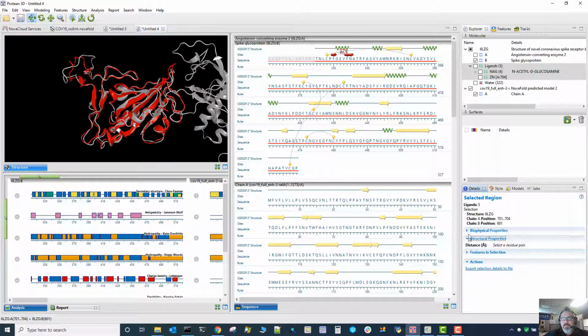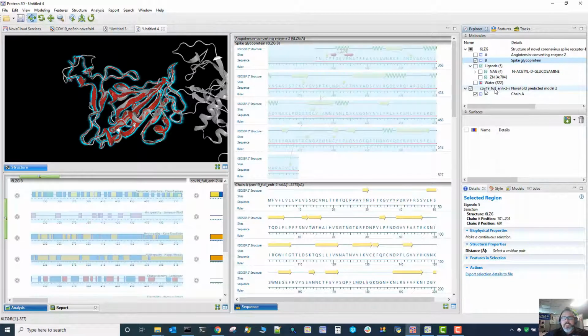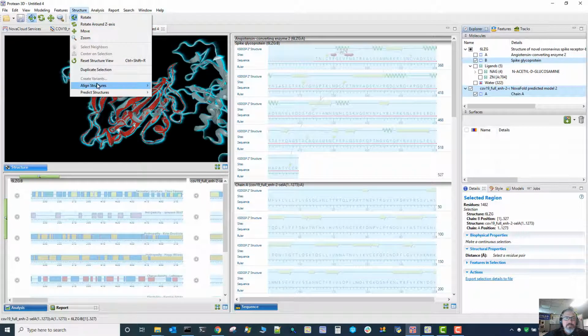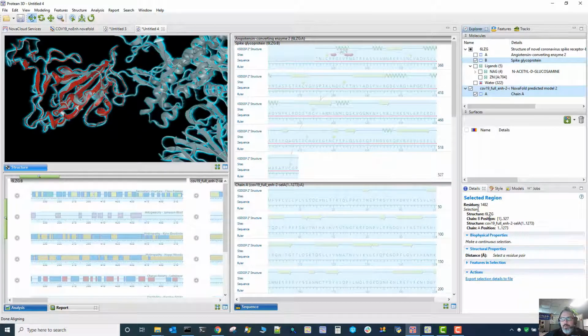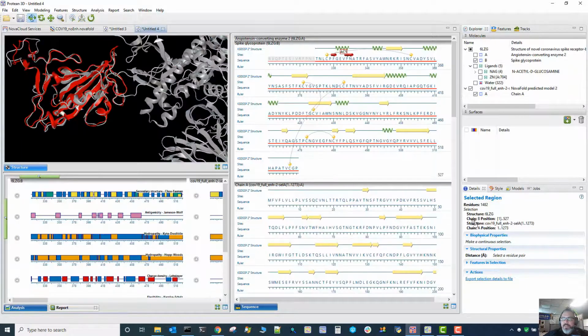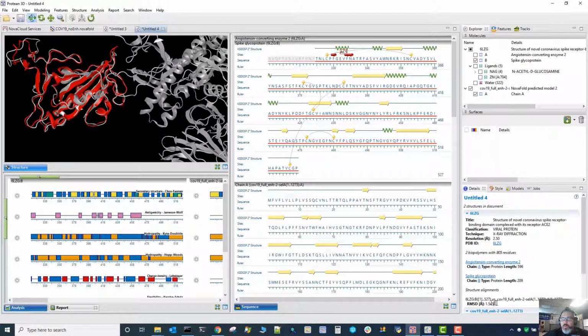And if I can show you that here in the lower right pane, we can see that the RMSD on this comparison was really low. It was around 1.5 angstroms, in fact. Now, this was exciting for us because at the time, we didn't know how well we did with this model, but we knew that it was important for people to have access to this tool during this crisis.